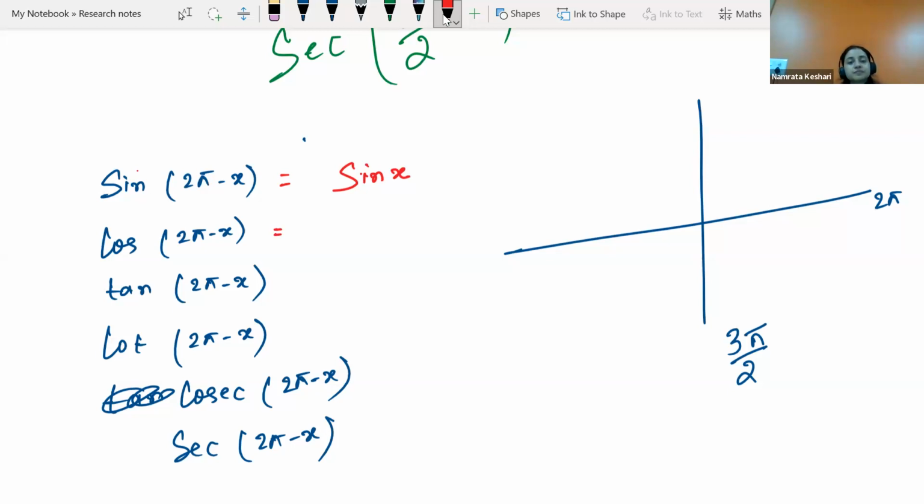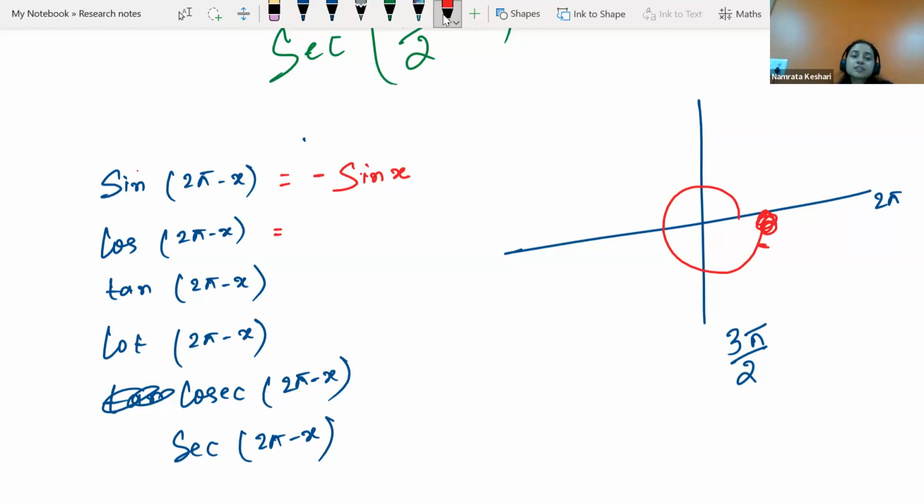Ma'am, it will be plus sign. 2 pi minus x: from here till here it's 2 pi, minus means somewhere here in the fourth quadrant. In the fourth quadrant, sine is positive or negative? Minus.